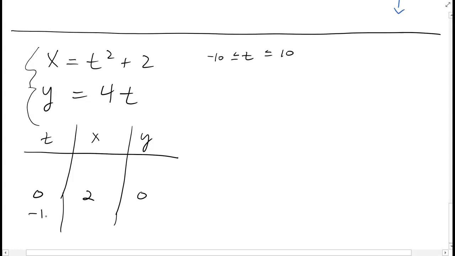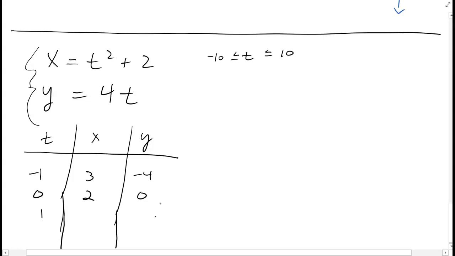I'm going to go a little bit probably on either side. Let's see what happens. Plug in -1. Oh, well, -1 when I square it is going to give me 1. 1 plus 2 is 3. And -4. Oh, I meant to put -1 up here. Sorry. 3, -4.